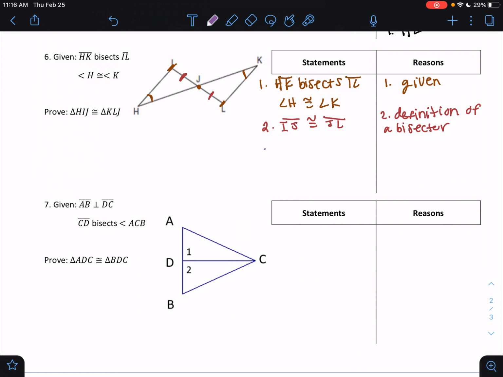Okay, let's see what else we can draw conclusions about. One thing that we need to always look for, remember, is vertical angles. So angle IJH is congruent to angle KJL because they are vertical angles.